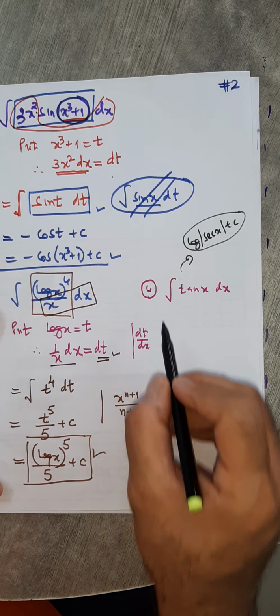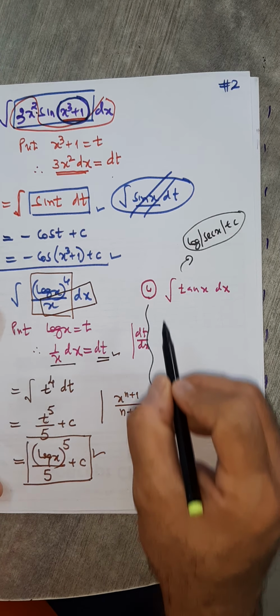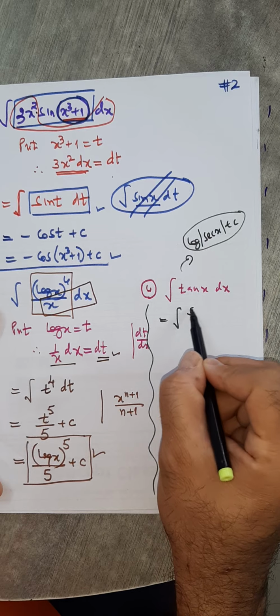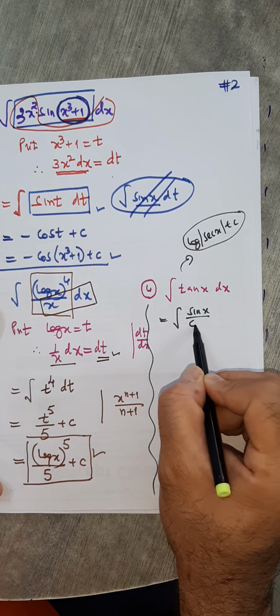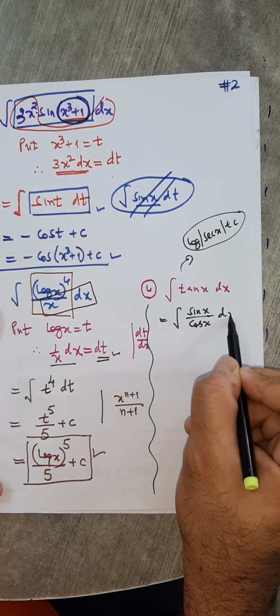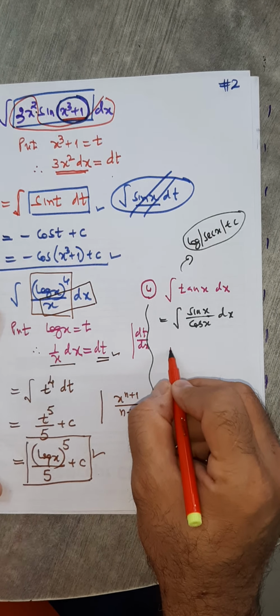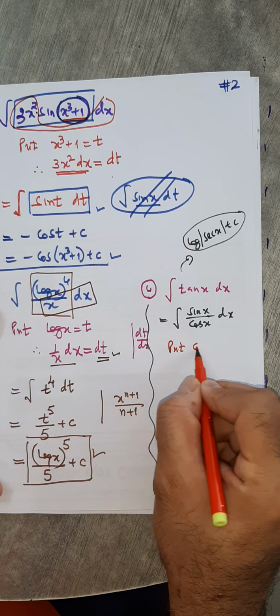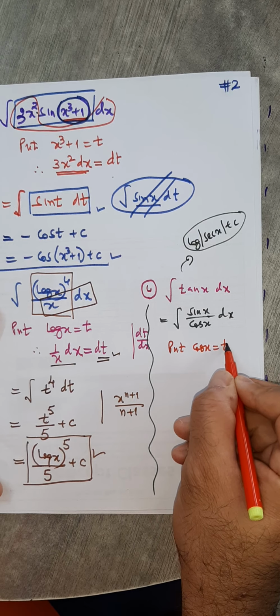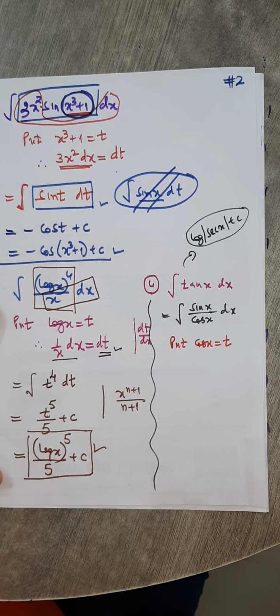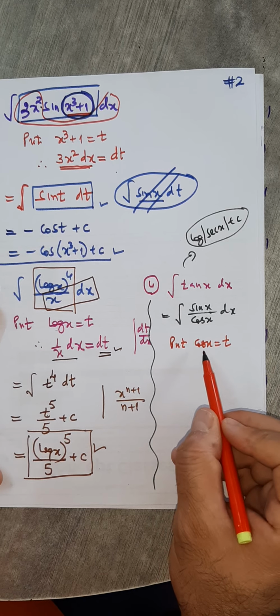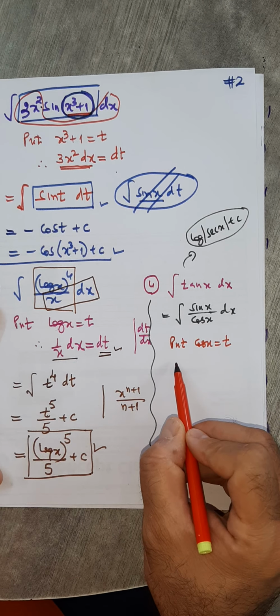Okay. So what I'll do, I'll write here, this is equals to sin x upon cos x. Now here I'll take the denominator function equals t. Now one question might be there, why denominator function equals t? You will learn by practice, you will realize, right? Practice gives you the answer to all these questions.